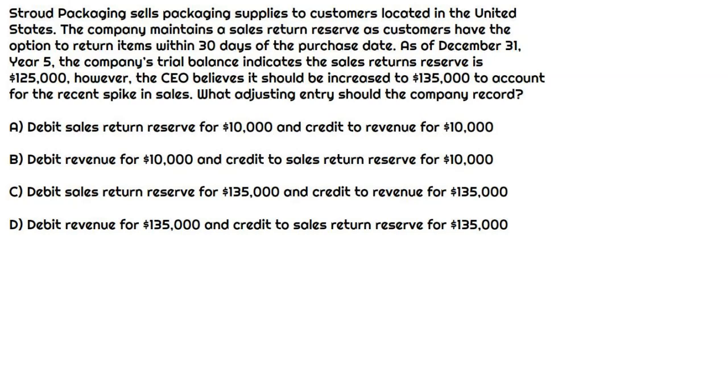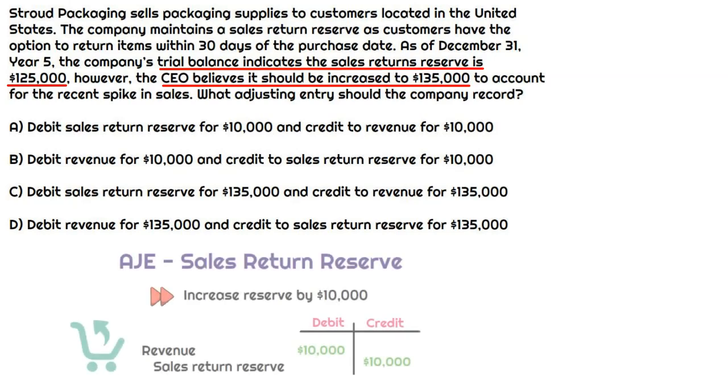And in this question, it basically says that currently the sales returns reserve is $125,000. But based on a recent spike in sales, the company's CEO thinks that should be up to $135,000. So ultimately, the CEO is saying we need to increase our sales returns reserve by $10,000.